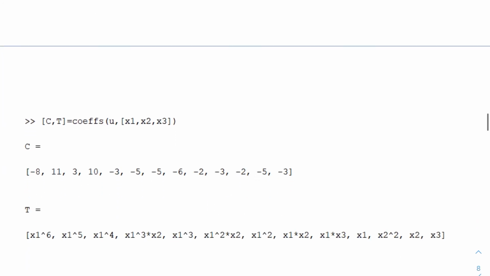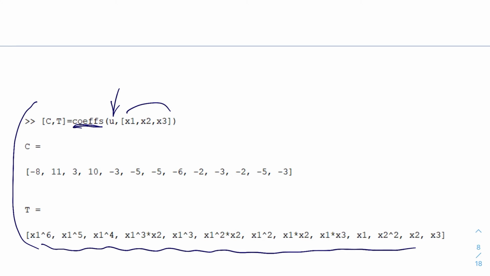The answer, of course, I couldn't write manually. I just generated the control law. And coeffs is a good function. If you have a symbolic expression like u as a function of x1, x2, and x3, it gives a more compact form, where there is a pattern to it.